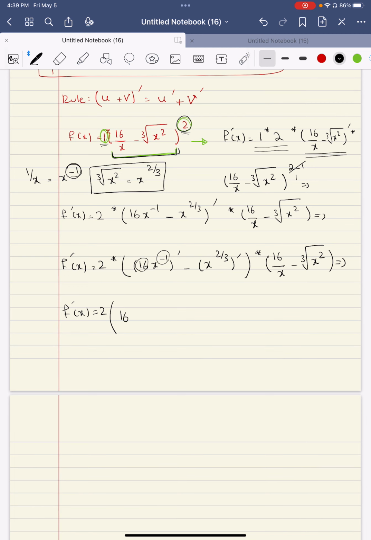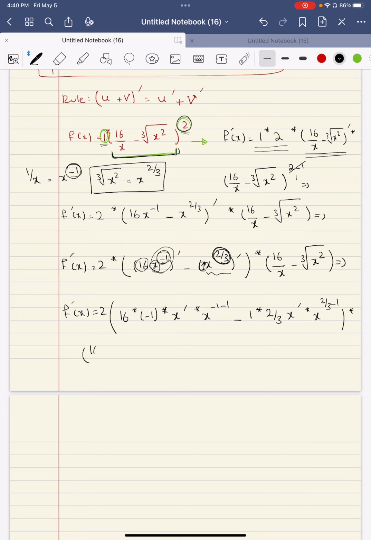So c times n times u prime, or x prime, times x to the power of negative 1 minus 1, minus in here, c times n, c is 1, c times n times u prime, or x prime, times x to the power of n, or 2 over 3 minus 1, right?